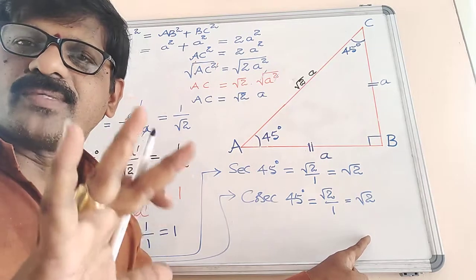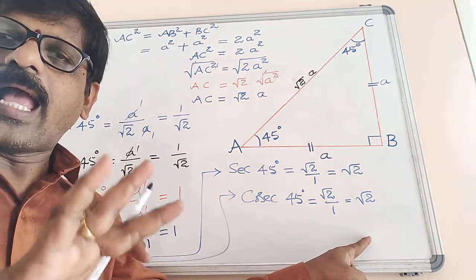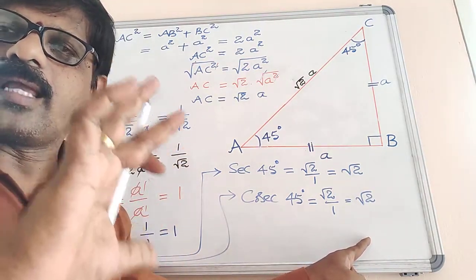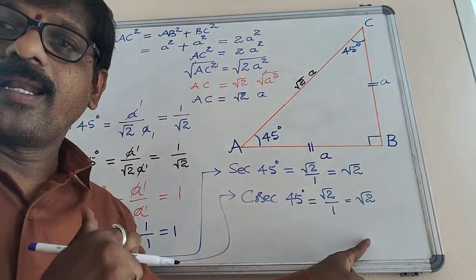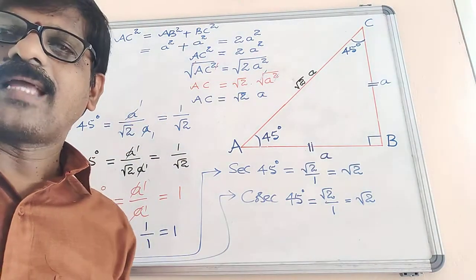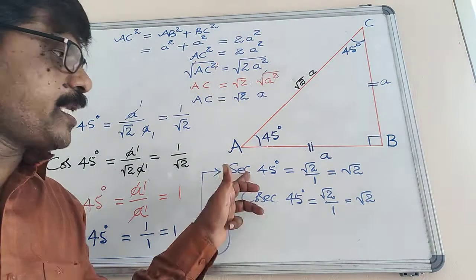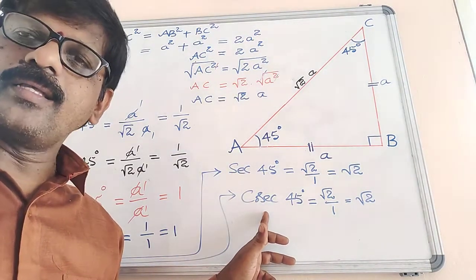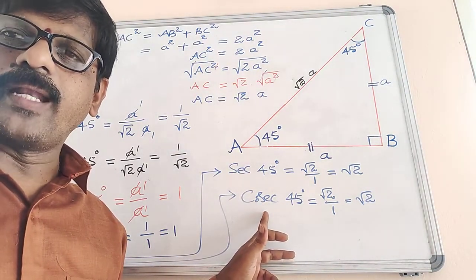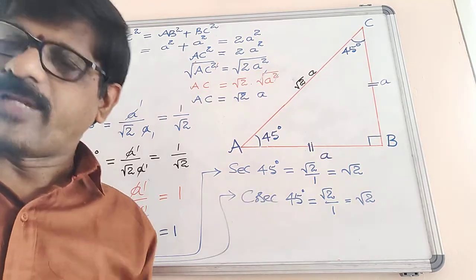Clear? So sine and cos are the same at 45 degrees. Secant and cosecant are equal at 45 degrees. Clear?